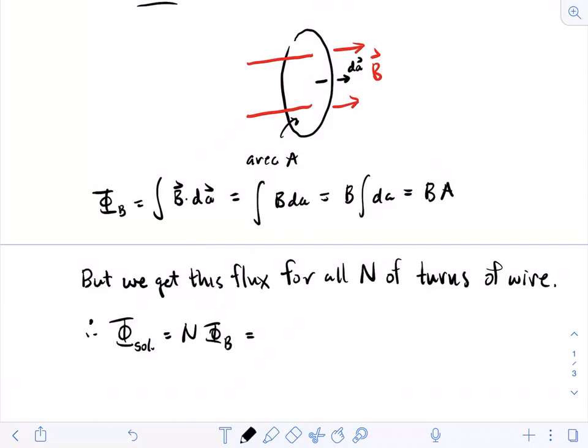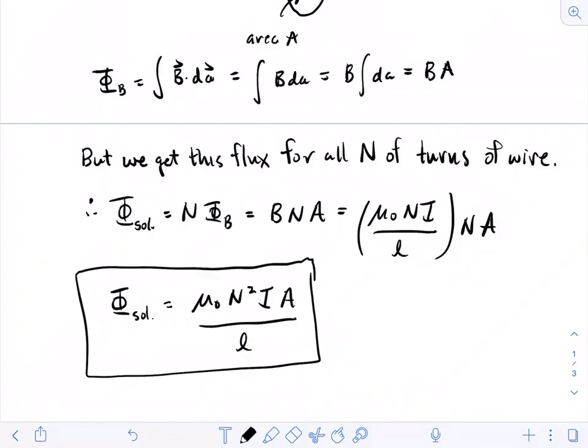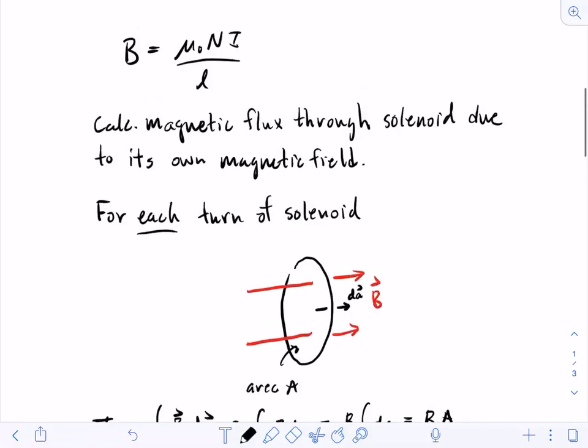And so that's equal to B times N times A. But B, we know, is mu naught N I over L. So that's B, and then we have N A. And so the total flux for our solenoid is then mu naught N squared I A over L. So that's one result that we're going to need for our discussion.